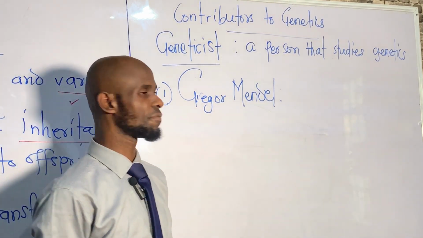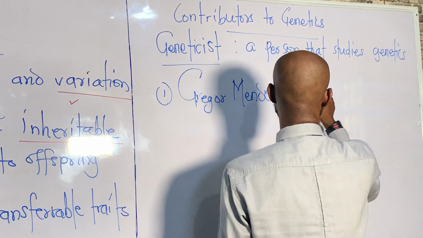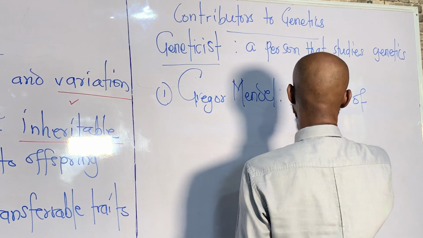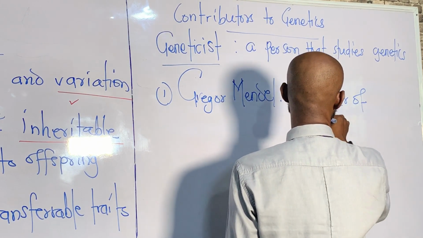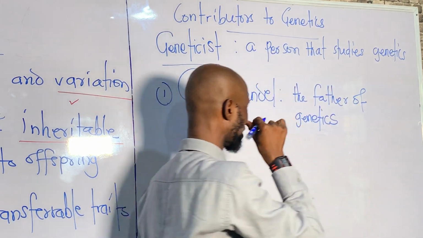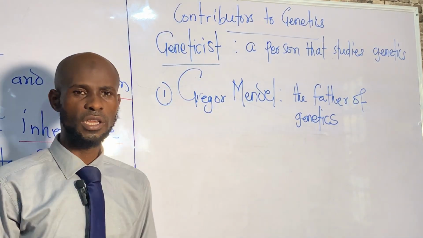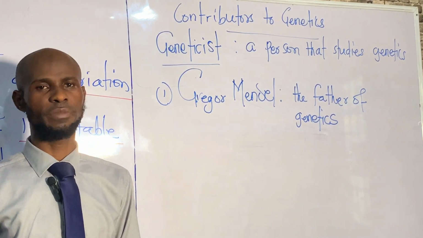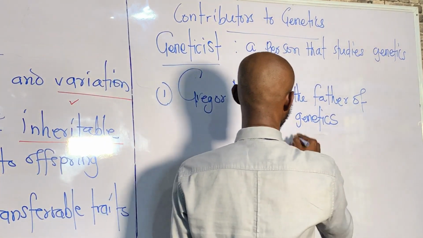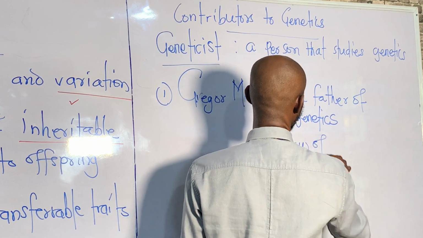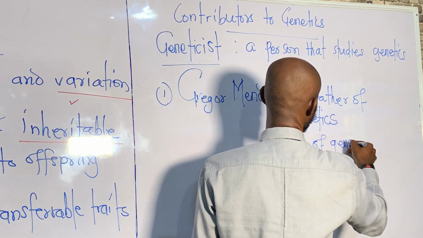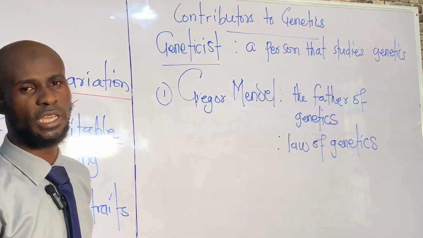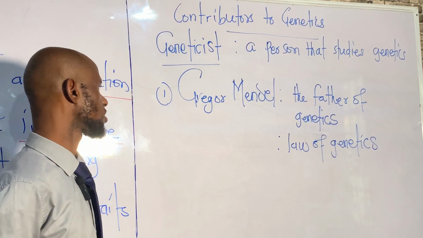So Gregor Mendel is the father, take note of that, the father of genetics. Okay, what did he discover? He discovered and propounded the laws of genetics through his experiments. And the laws of genetics are two. When we get there, we're going to explain the laws of genetics.